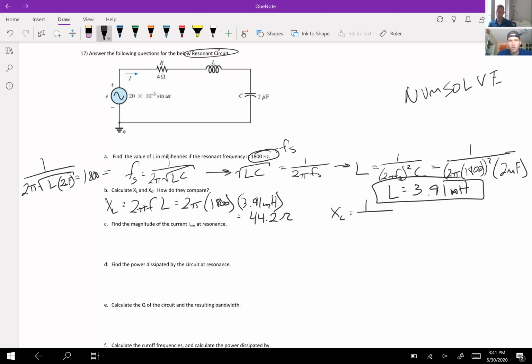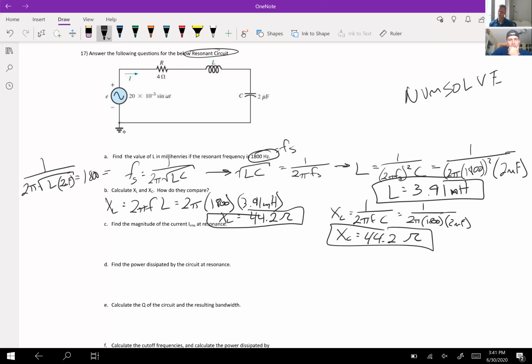XC is 1 over 2 pi FC, 1 over 2 pi 1800, 2 microfarads, and XC is 44.2 ohms. And that makes sense because that's what resonant frequency means. And that's actually where that equation comes from. We're setting the XL and the XC equal to each other, and that's where that Fs frequency equation is coming from.